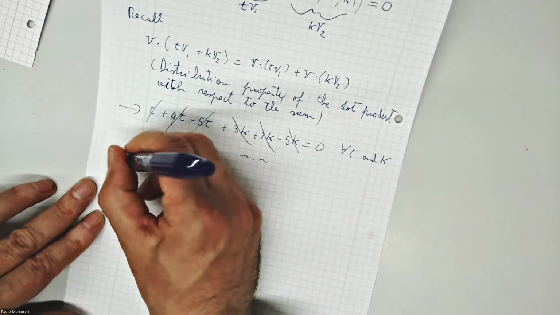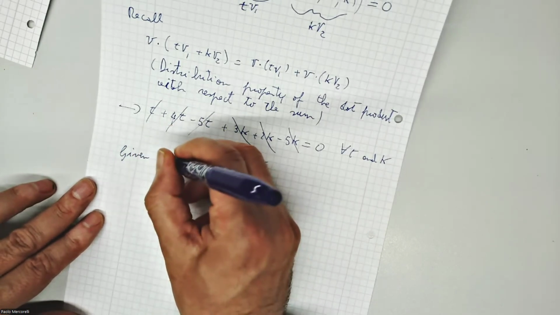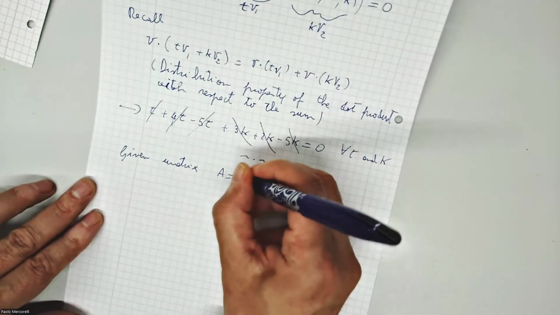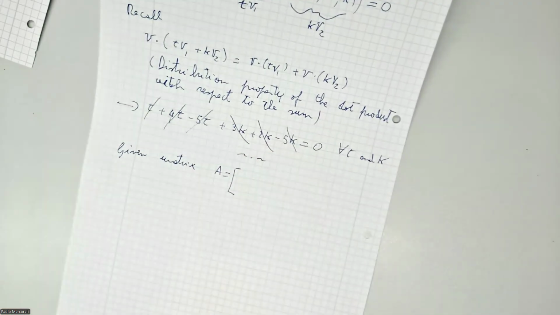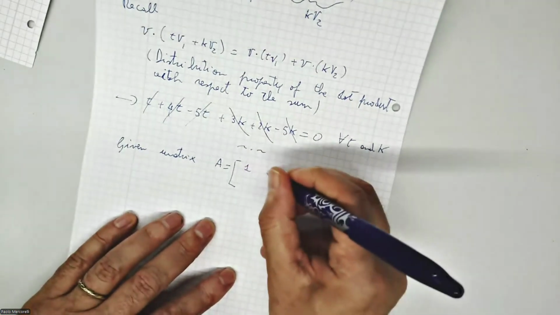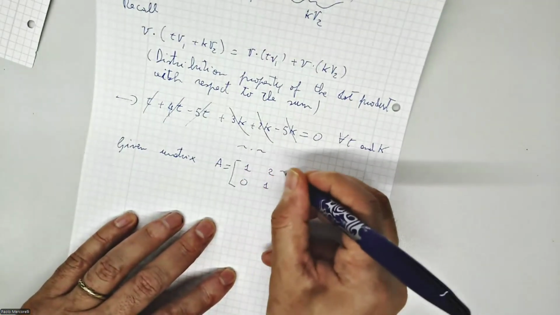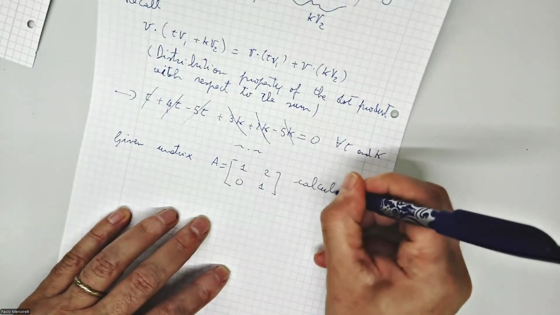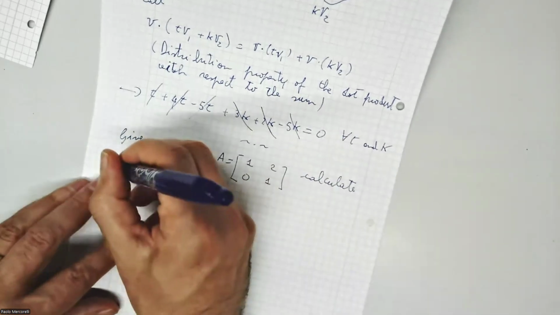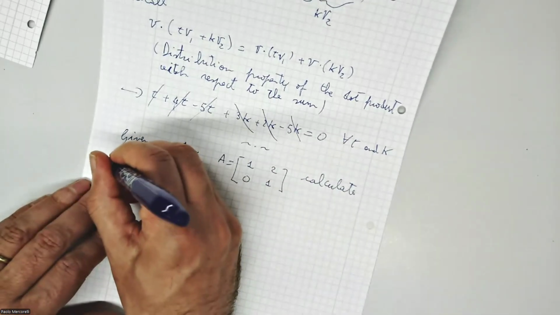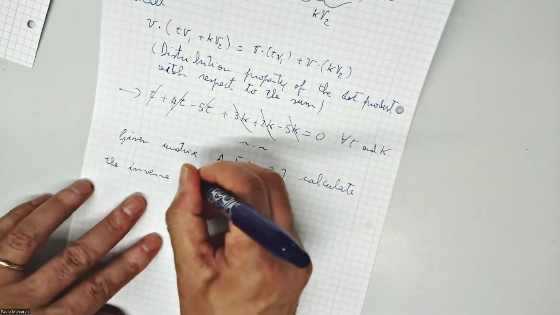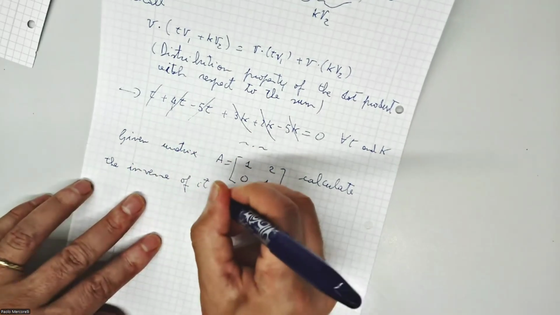Given the matrix A equals 1, 2, 0, 1, calculate the inverse of it.